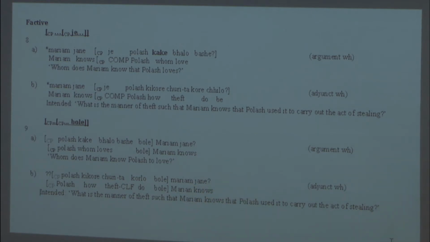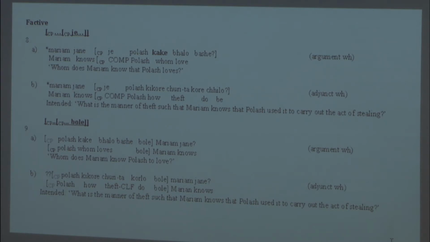Palash কি করে চুরিটা করলো বলে মেরিয়াম জানে. Would "how" be a possible answer? I mean, what sort of manner did he use to steal? Maybe he dug a hole under the wall and then went through the tunnel. How did he actually do it? So the tar sort of helps. Without the classifier, it's far worse than with the classifier.